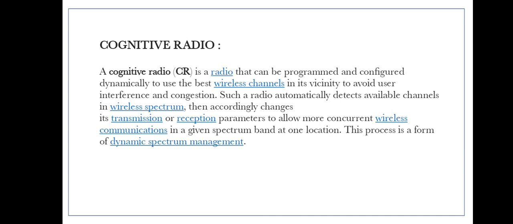Such a radio automatically detects available channels in wireless spectrum, then accordingly changes its transmission or reception parameters to allow more concurrent wireless communications in a given spectrum band at one location. This process is a form of dynamic spectrum management.